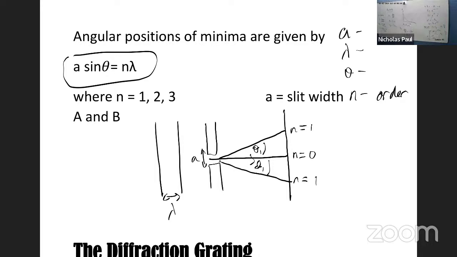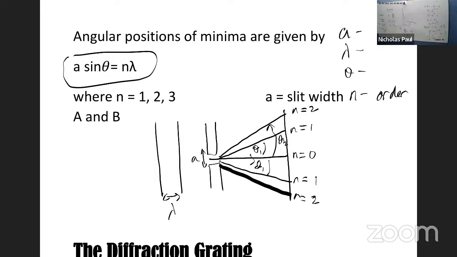Theta 2 will be this angle here. It'll be that entire angle. So theta 2 will be the angle between n is 0 and n is 2. Theta 3 will be the angle between n is 0 and n is 3. Right?